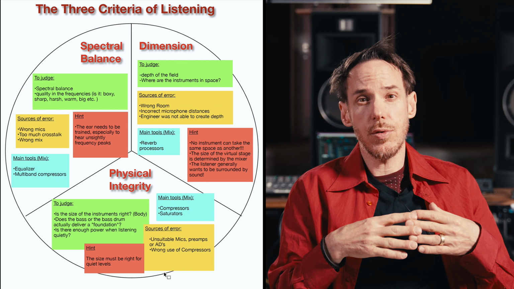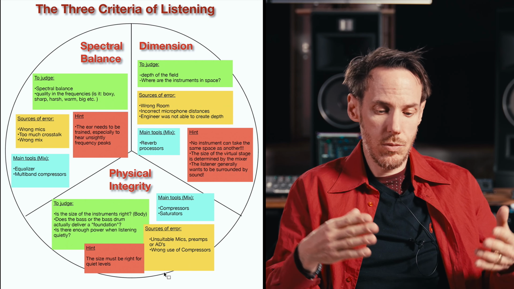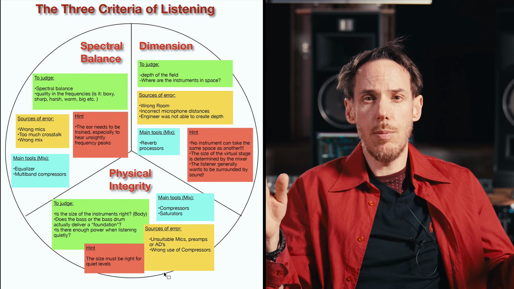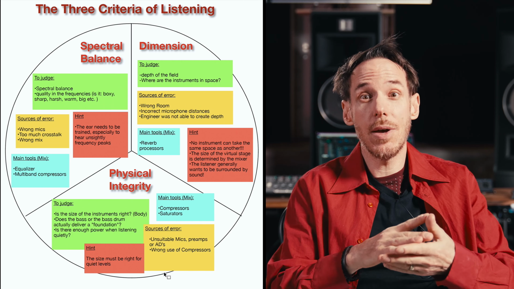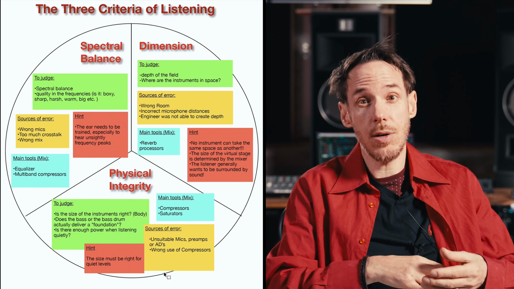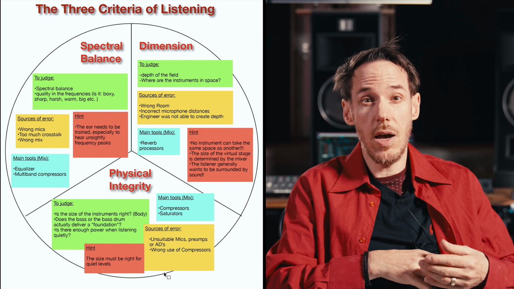Or if your dimension is not right, then again, everything sounds small. So the fact is, if your mix still sounds small, it has to do with spectral balance not correct, dimension not correct, and physical integrity not correct. So we have to work on all those aspects.